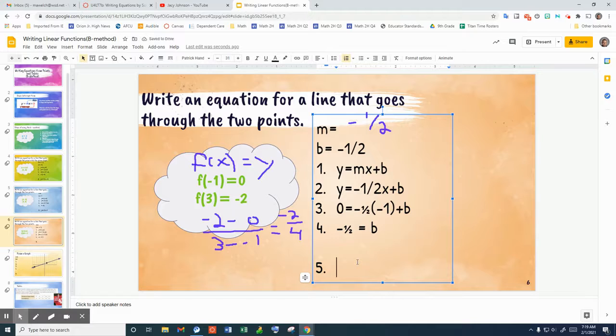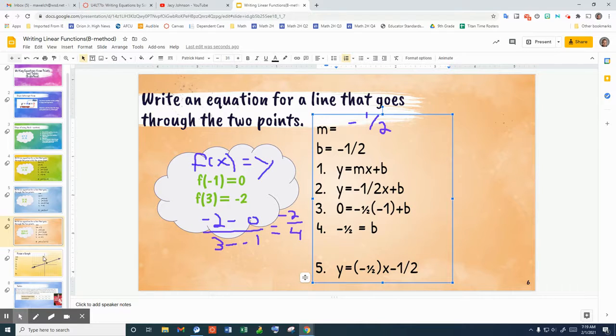But our fifth and final step, because we are writing an equation, is y is equal to -1/2 x minus 1/2. All right? So this is -1/2 x, not -1 over 2x. Really, we should have this in parentheses when we have the fraction, just so we know that the variable is not attached to that bottom 2 here.